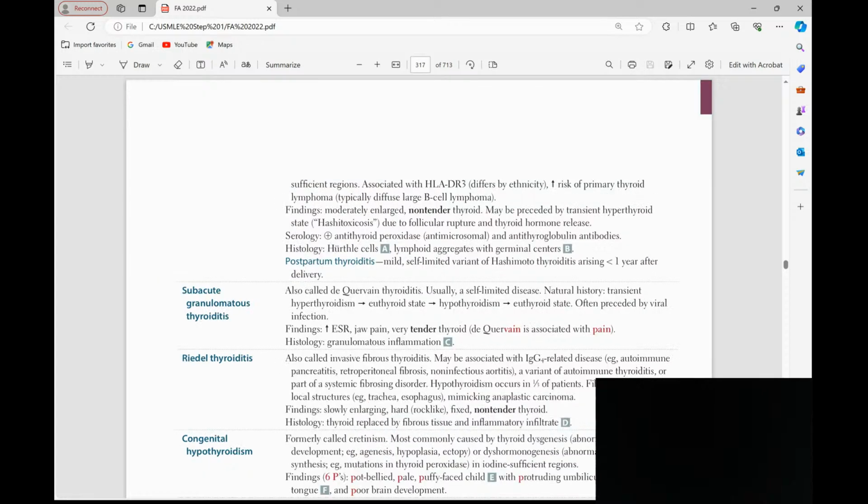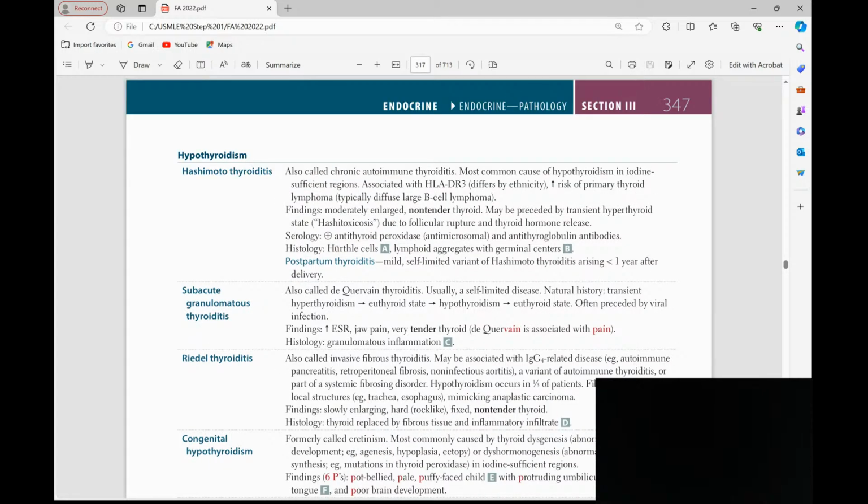In this case also, we'll see that with any thyroiditis, let's forget about the name. It's thyroiditis. Hashimoto is from a Japanese name, and it is chronic autoimmune thyroiditis. If you know this only, then you know all the pathology and physiology.